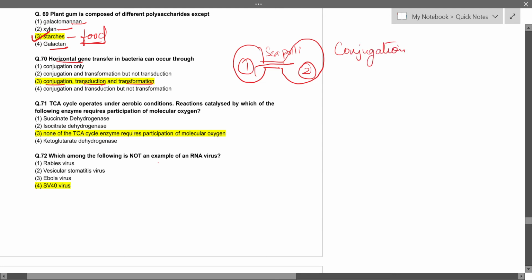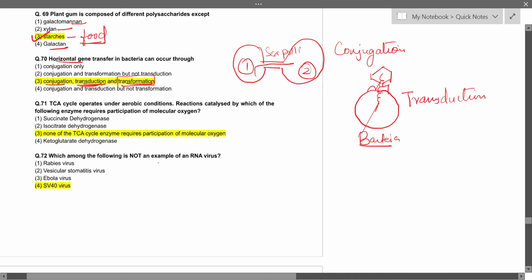Second is transduction. This is the bacterium and here the virus can sit and transfer its genome horizontally into the bacterium. So this is called transduction. Next is transformation.